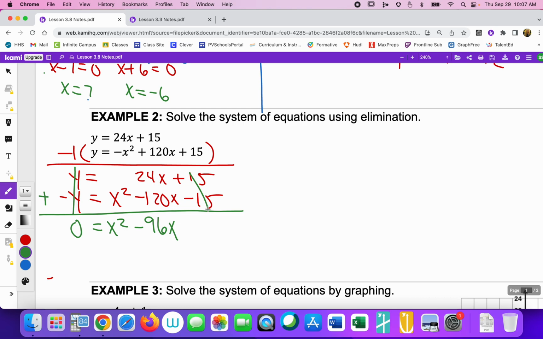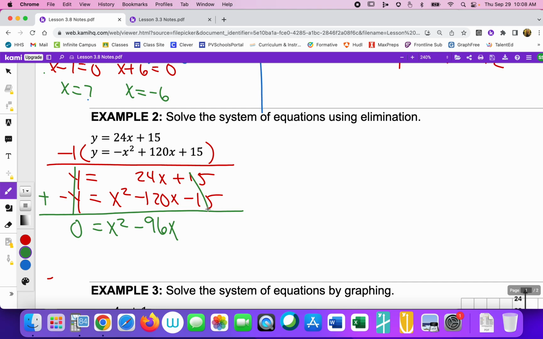Questions before we continue? Because that was the elimination part. Everything else is what we did previously. Yes? Can you do this just by plugging it back in, like just saying y is equal to 24x plus 15, and then setting them equal to each other, substituting? Yeah. So if it tells you, which I think you only have 9 problems in your homework because these take long.